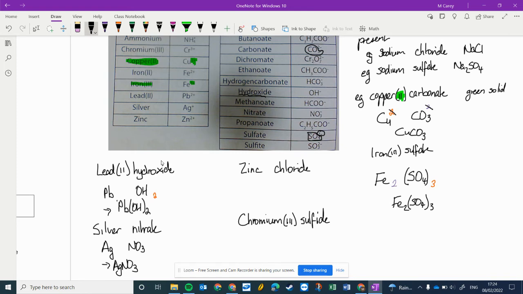Zinc chloride, so Zn, it's Zn2+ and Cl. Chloride is group 7, so it's Cl minus. Lose the charge, drop and swap. Get one number, so we get ZnCl2.